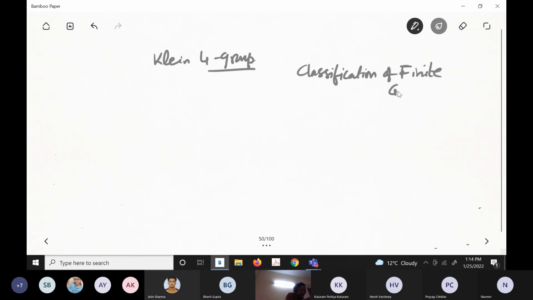Classification of finite groups is a big study. You can look at the net. You will hear the name of Thompson, who I think got the Fields Medal. So here, if you take a group of order 4, then either G will be Z4 or G will be this.